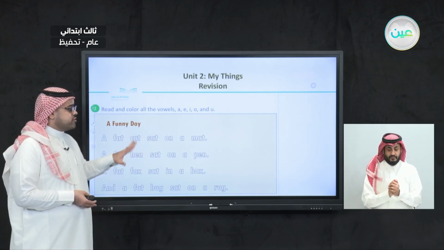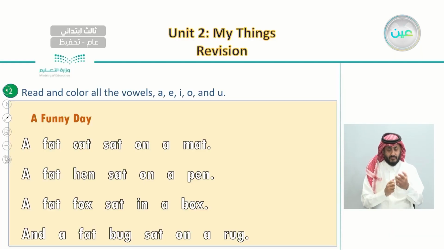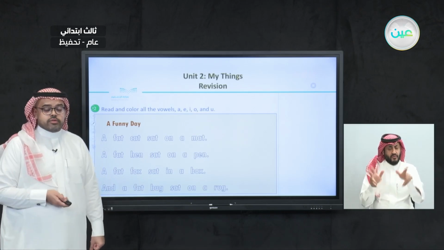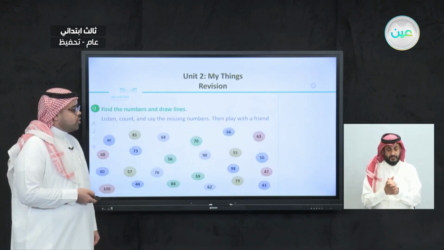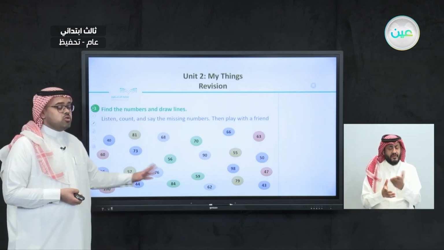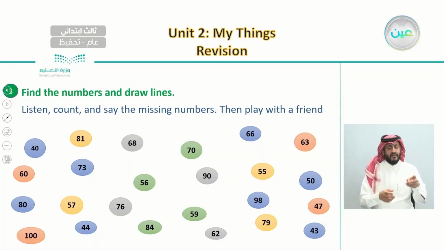So here we have, for example, vowels like A, the letter E, the letter O, the letter I, and also the letter U. And we said that we need to go through the whole story and color all these vowels. After this, we also had an interesting game with different circles. Inside of them are different numbers starting from number 40 up to number 100.